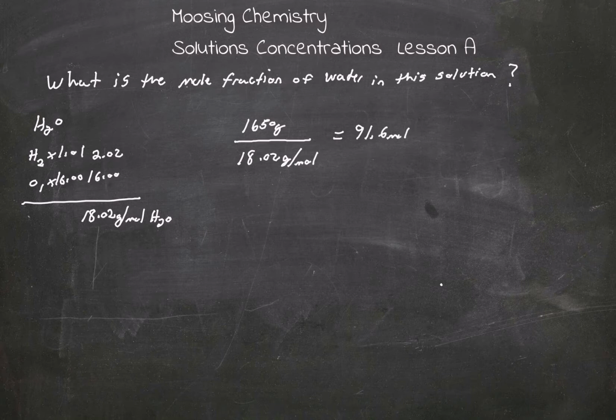Then we're going to take the sodium acetate part: 112 grams of the sodium acetate divided by 82.02 grams per mole of the sodium acetate gives me 1.36 moles.